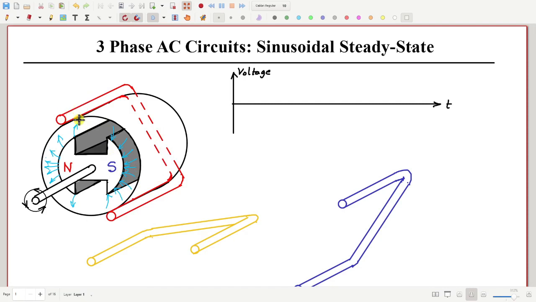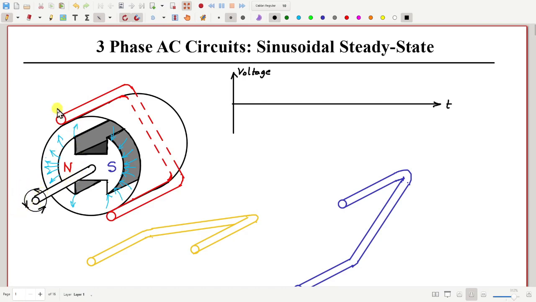Now what will happen? According to Faraday's law, some EMF or voltage will be induced in the two sides of this conductor. And using Fleming's right-hand rule, you can find the direction of the EMF. This magnet is rotating anti-clockwise as seen from the front.